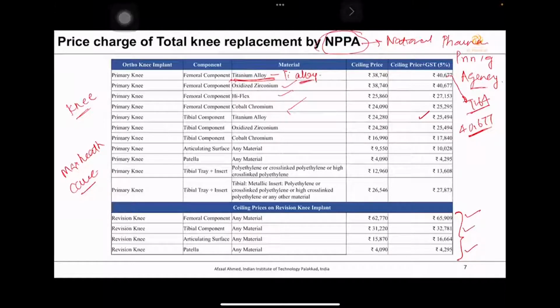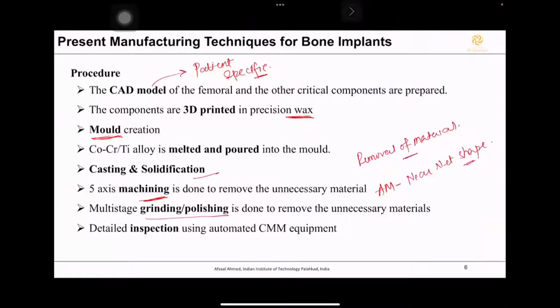So if you're spending 40,000 rupees, the majority of it goes to the material. Why? Because when you are fabricating using casting and solidification, then machining, grinding, all these processes, you are wasting a lot of material as well, which leads to wastage of money.